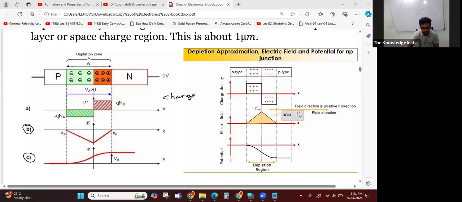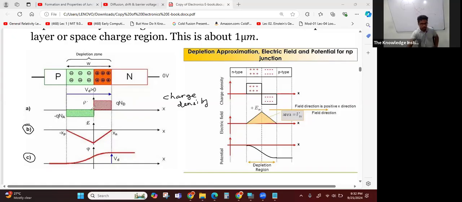Here the charge density is plus, so Q times Nd. Capital N is the number of donor atoms, Q is the charge of a donor atom, so the total charge is Q times Nd. Here, capital N is the number of acceptor atoms, right? So minus Q times Na. This is the charge density. And then this is the electric field intensity. So here you can see the gradient of the charge. If you consider the charge, the difference is maximum at this point.